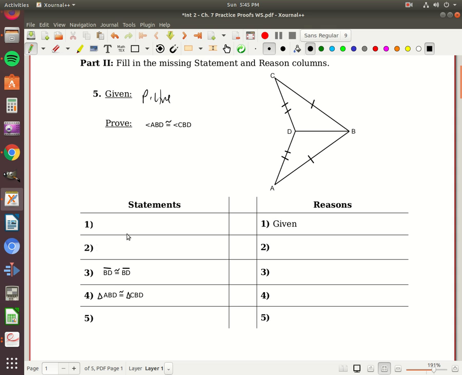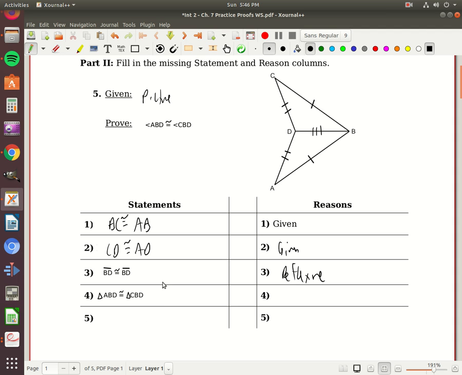So I will say that BC is congruent to AB. I know that's given. And I will say that CD is congruent to AD. I know that that's given. I know that BD and BD is reflexive.